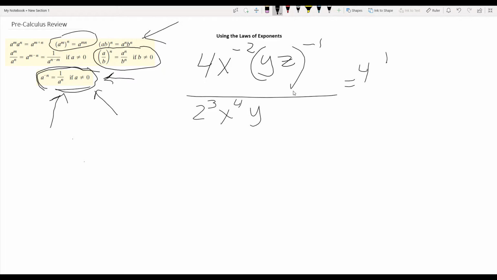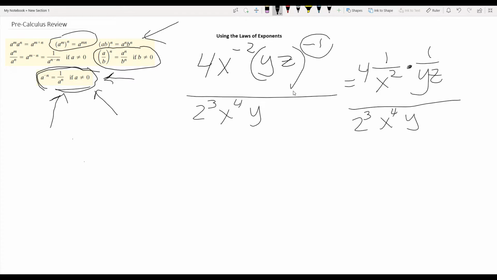So that will be the same as 1 over x to the second power times, once again, the same formula, 1 over y times z, because this is negative 1. So all of that divided by 2 to the third power x to the 4th y. Okay, let me check. Yeah, everything seems good.